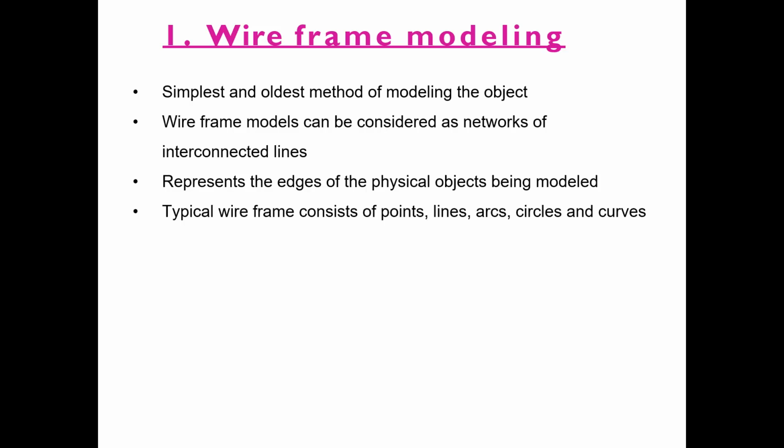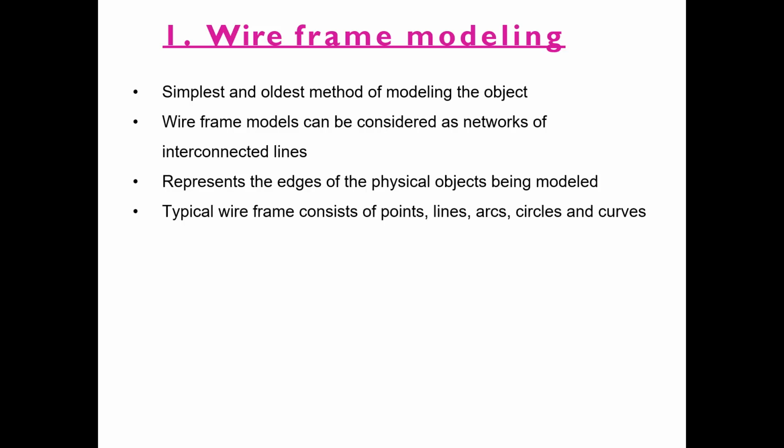And wireframe modeling was actually the simplest and oldest method for modeling an object. Even when hand sketches were used in olden days, they used to create a wireframe model in order to understand what are the different corners or edges of the product, and they would represent the hidden areas using hidden lines, which we conventionally use in drawing.